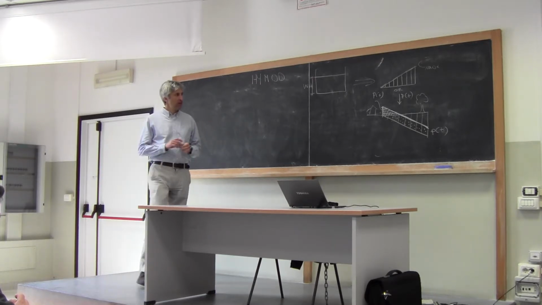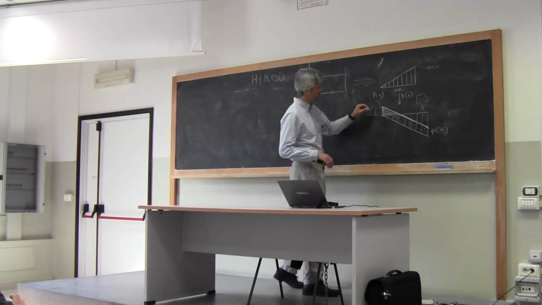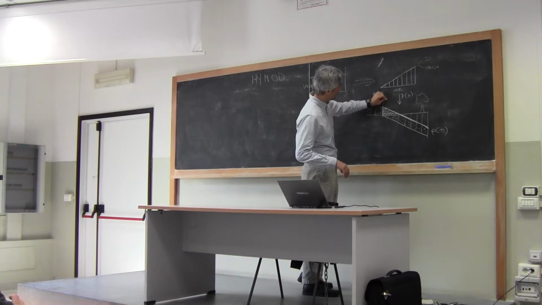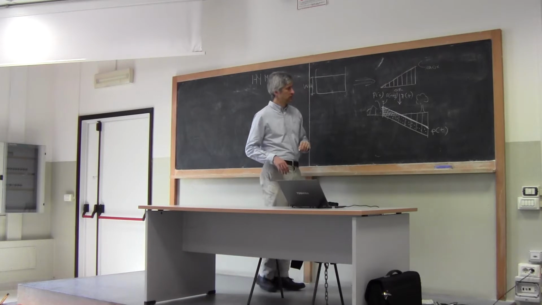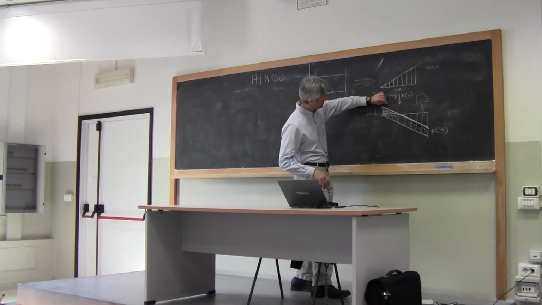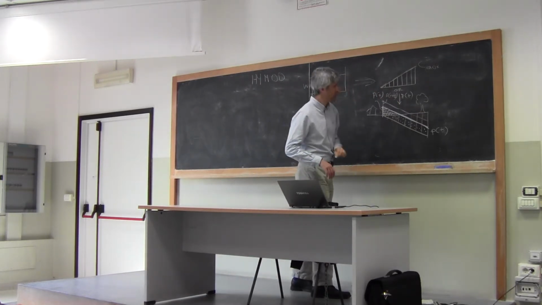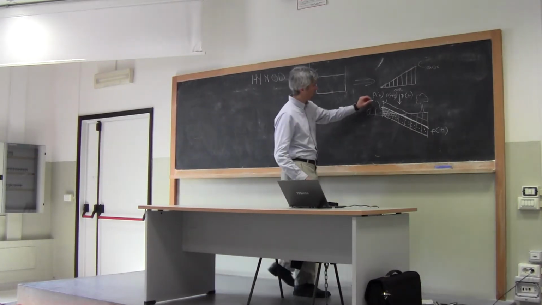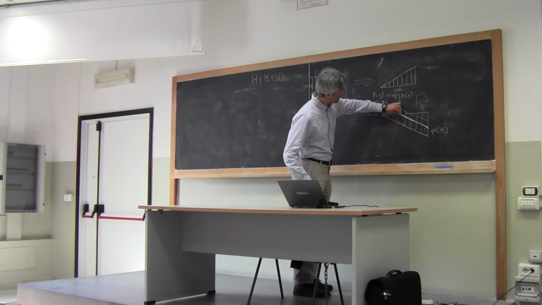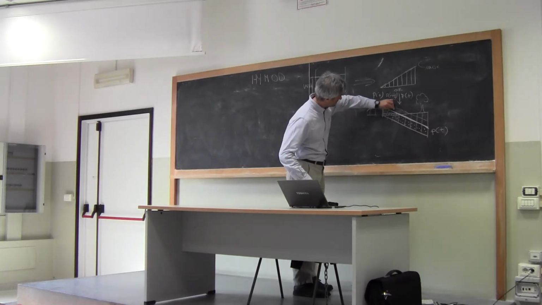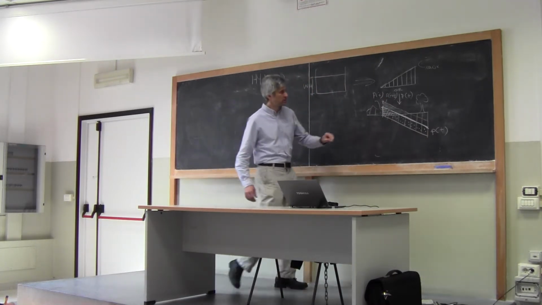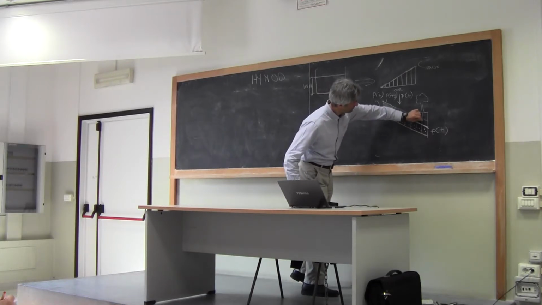Fine. And what happens if you get additional rain? And this could be T plus 1. If you get additional rain, then you have a part that flows, this one, and the part that still infiltrates.